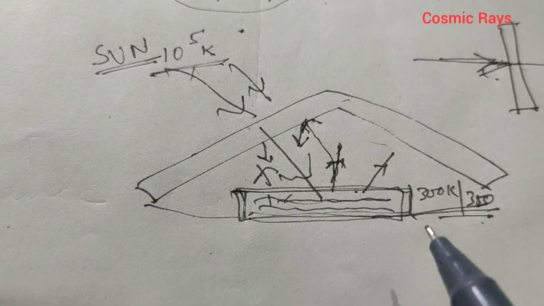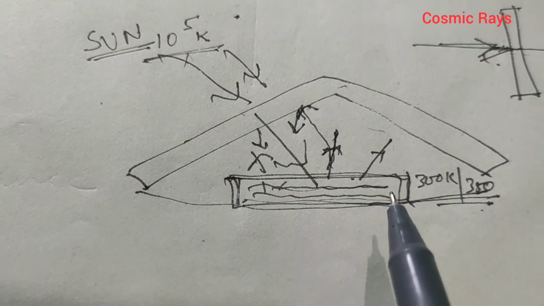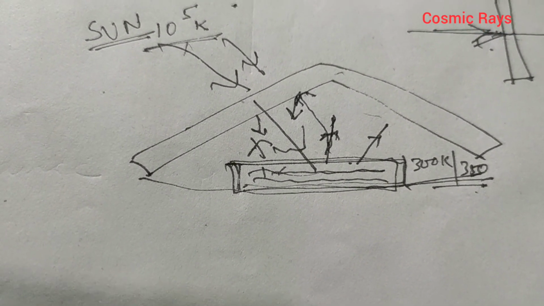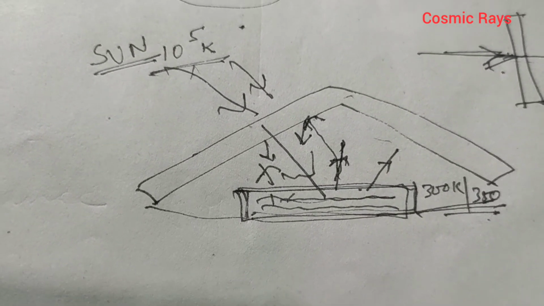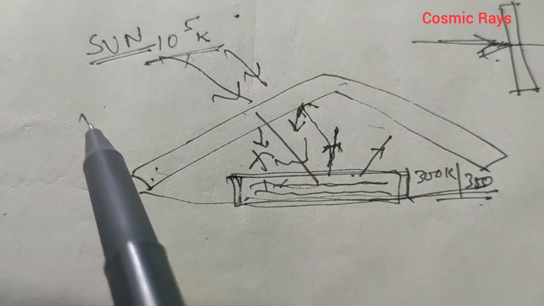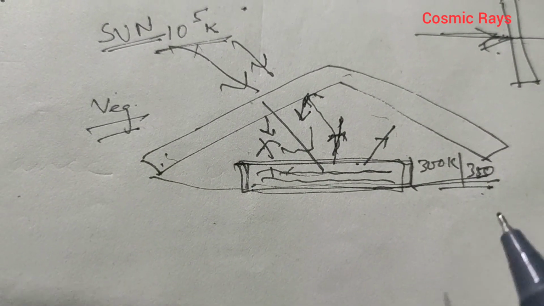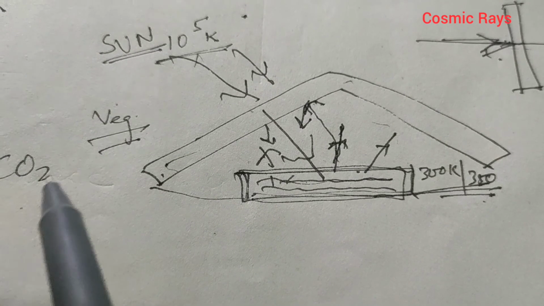Now this has an advantage as well as some disadvantages. The advantage is in European countries where the temperature is below zero or very low and vegetation cannot be supported, they use this for vegetation. The disadvantage is that this phenomenon is also exhibited by carbon dioxide molecules.